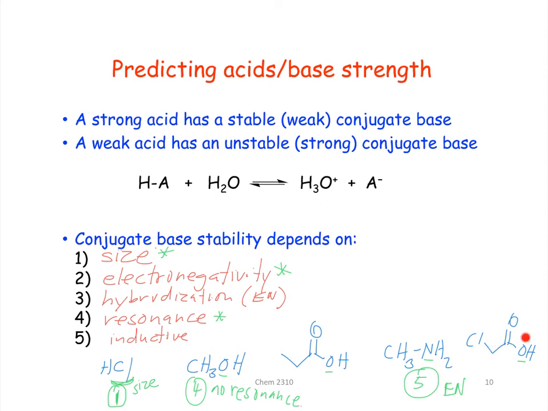The chlorine is going to have the inductive effect, so that's going to make that more acidic. So that would be second, and this would be third. So this is second because of inductive. If we're going to rank these, we try to go through and pair them up based upon these different criteria, and we can come up with our ranking.